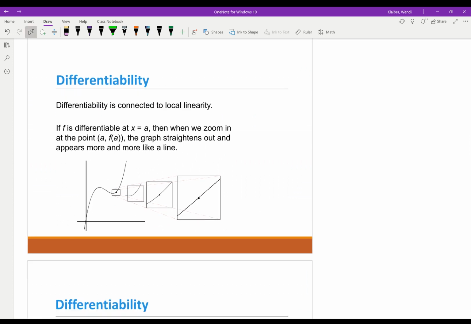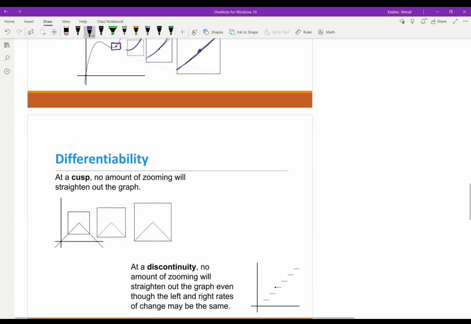Now, if a function is differentiable, it's connected to local linearity. In other words, if I zoom in on a point of a certain function, then the function will become locally linear at that point. If it does not, the function does not have a derivative.